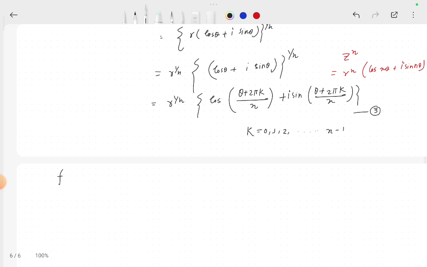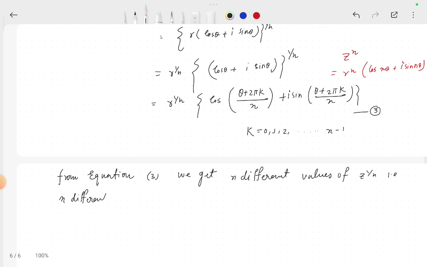So from equation 3, we get n different values of z to the power 1/n, that is nothing but the n different roots of z.